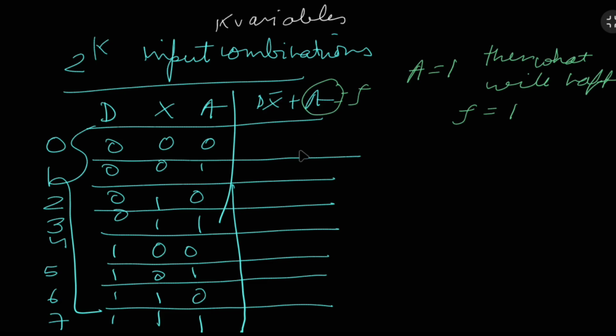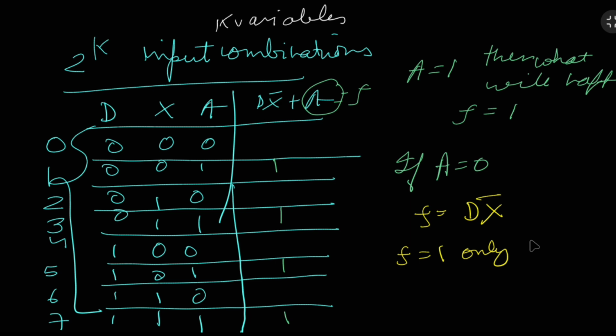So whenever a is 1, the output function equals to 1. In the other situation, if a is 0, then what will happen? Then f is only dx bar.